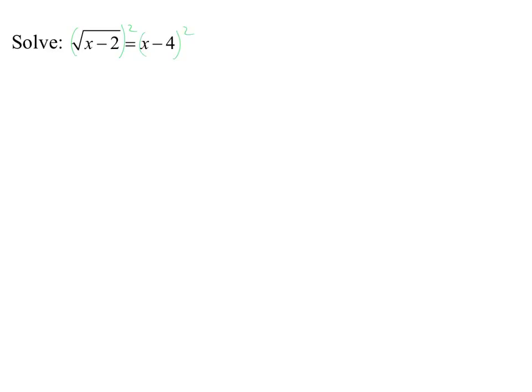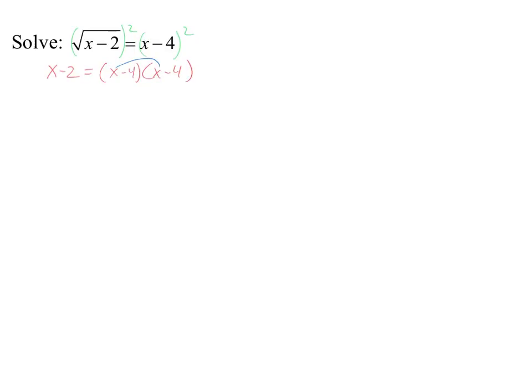Watch why. When you square the square root of x minus 2, that's not a mess. But when I square this, I'm going to have to box or FOIL, because what I now have is x minus 4 times x minus 4. And that uses the box or FOIL method to find its value.